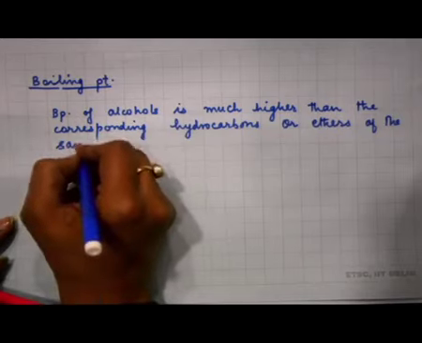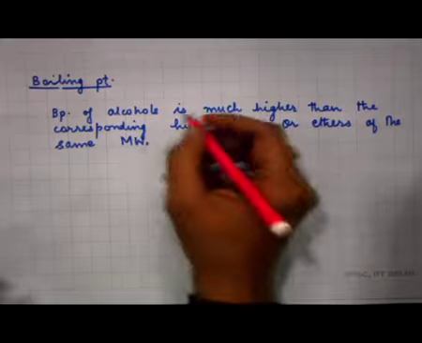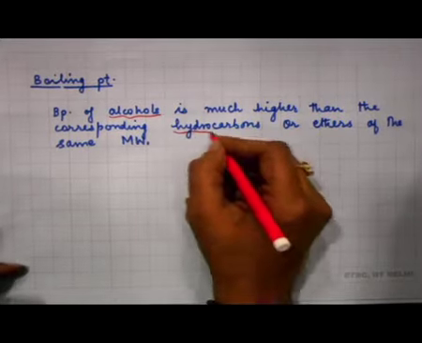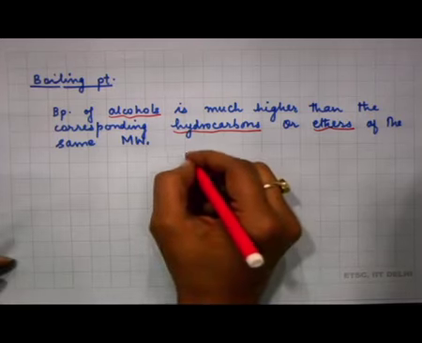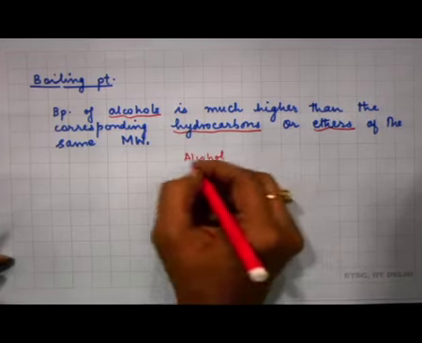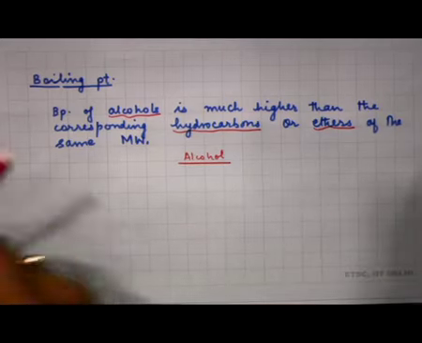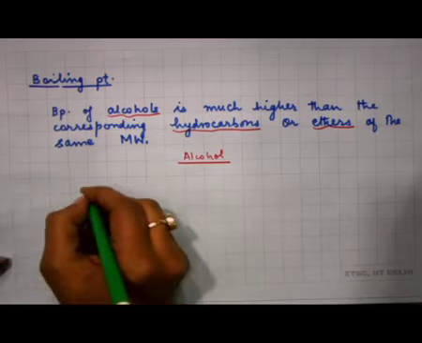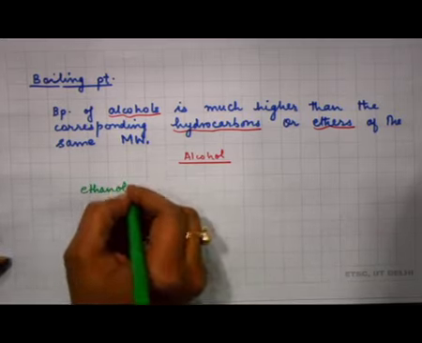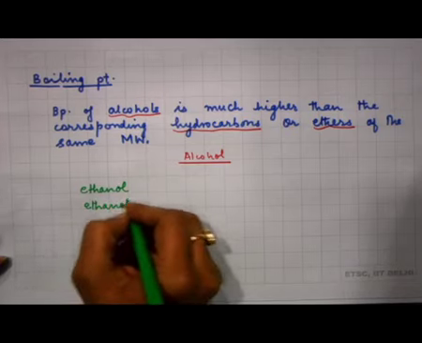So, we can conveniently say that if we compare the boiling point of alcohols with that of a hydrocarbon or an ether of the same molecular weight, it is higher than them, and this can be easily understood in terms of the additional hydrogen bonding interactions. If we compare ethanol to ethane, then ethanol, as we all know, sorry, this is ethane.